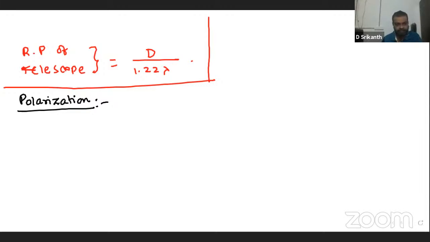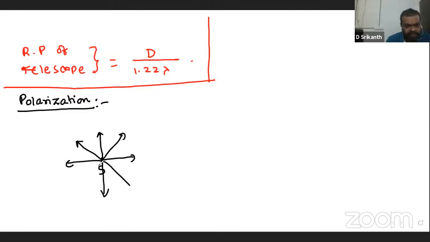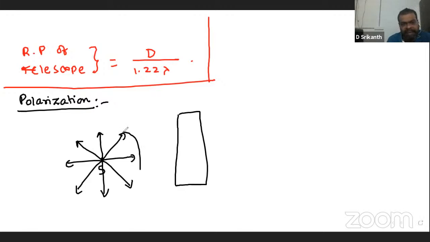Suppose I have a source of light. This source will emit light rays in the form of waves in all directions. Whenever I place an optical instrument, suppose a mirror or slit, only these three light rays will be incident on the optical instrument.